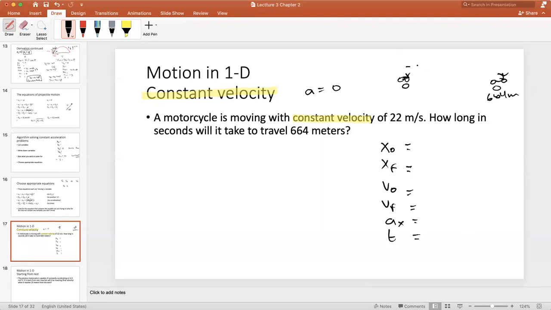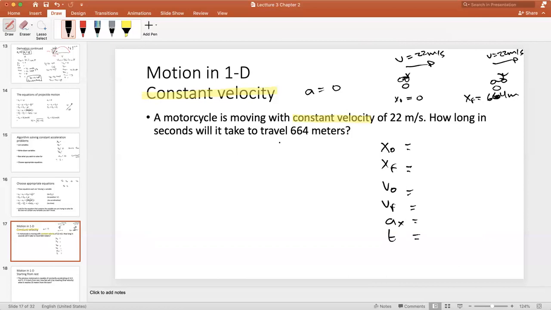And I know that initially it has a velocity of 22 meters per second, and its final velocity is also 22 meters per second. As I look at this drawing, I'm going to assume this is 0 and this is x final. So x initial is 0 and x final is 664 meters.